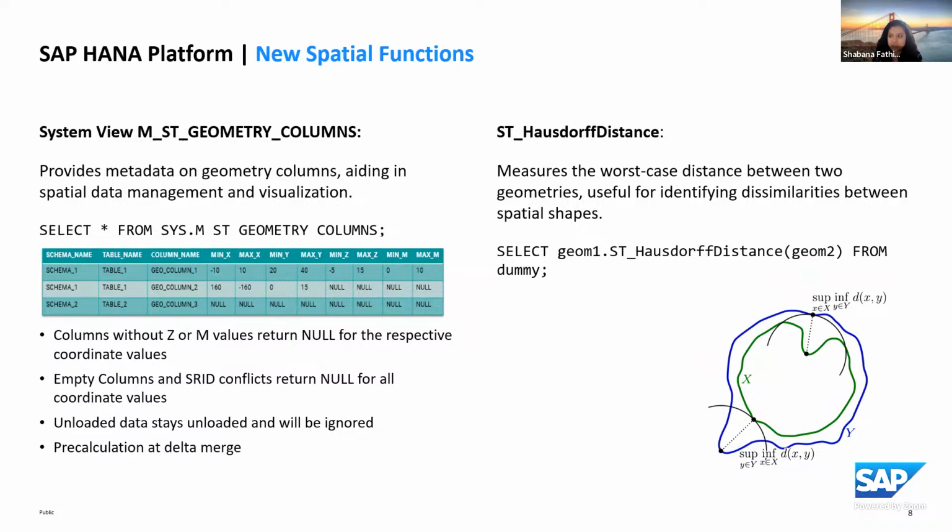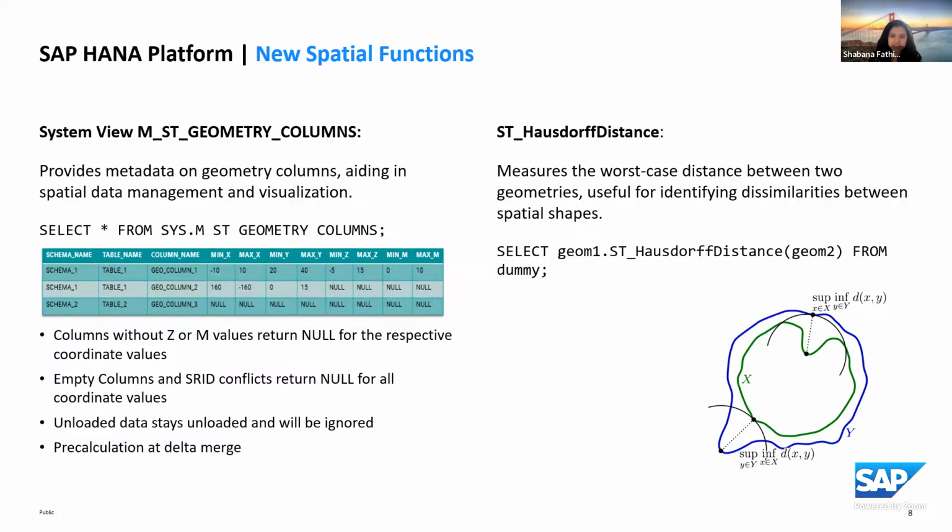With this new system view, you get a quick overview of the spatial attributes, including minimum and maximum values for X, Y, Z and M coordinates. This is also helpful when working with large data sets with multiple geometry columns, because it allows users to understand the spatial bounds and properties of their data at a glance.